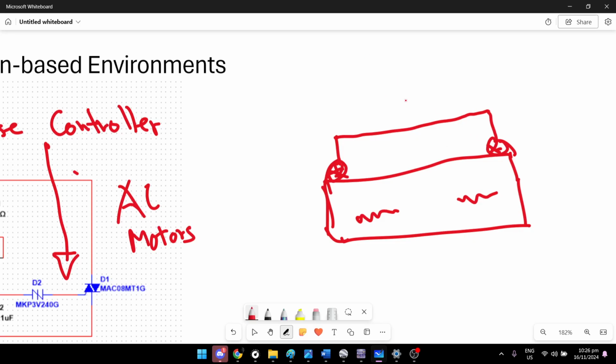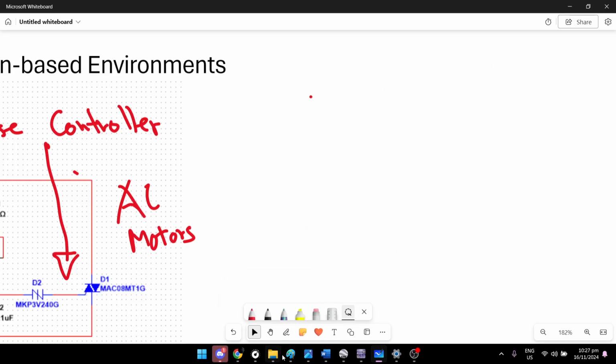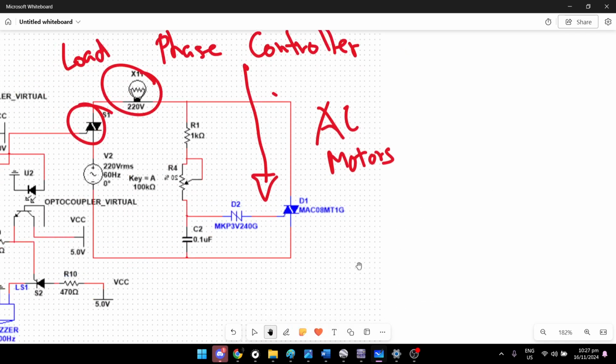So I want to create a phase controller as well, so that if there is just a little but still pretty dangerous amount of dangerous air, it will only activate at a certain phase angle, and if there is a very dangerous amount, then the fan will be powered much more. That's the purpose of the AC motors.